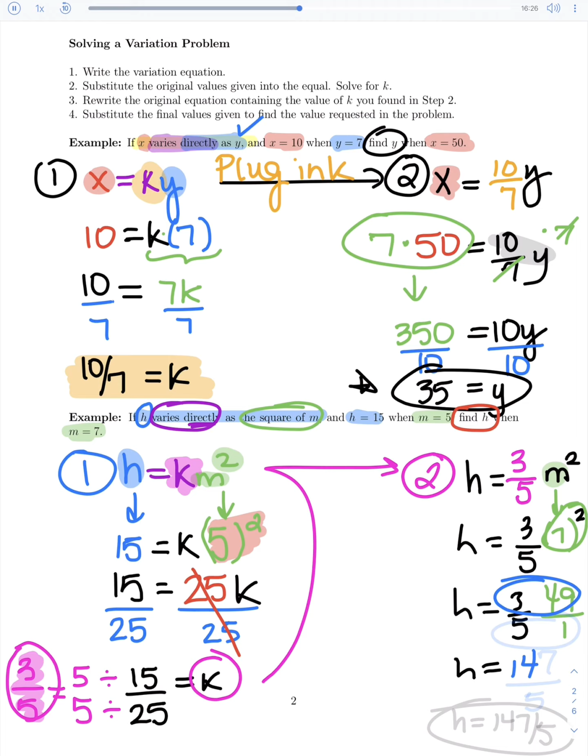Let's see, 49 times 3 is 147, I was right. And 5 times 1 on the bottom will get you 5. Now, 147 over 5 does not reduce at all, so you are stuck, but that is your final answer, that h equals 147 over 5. Let's try a couple more.